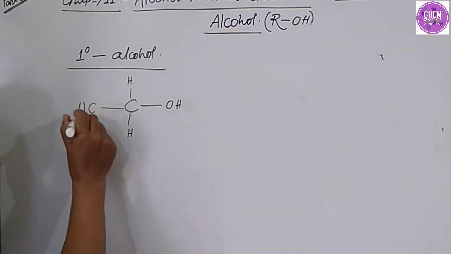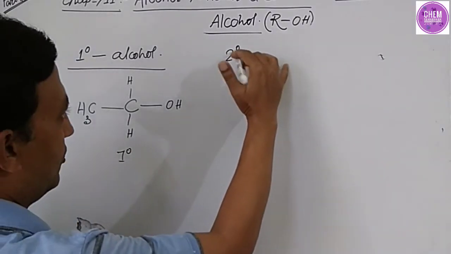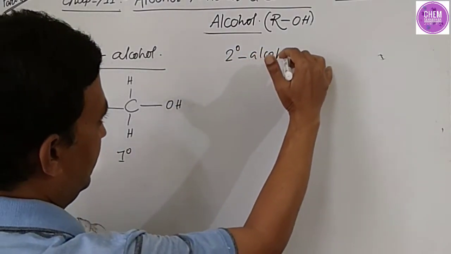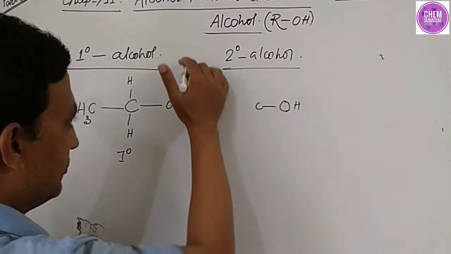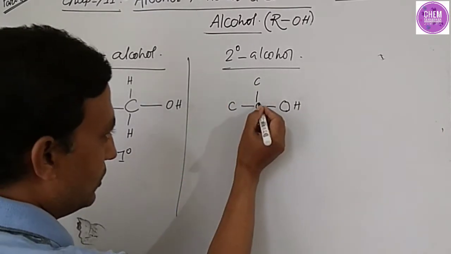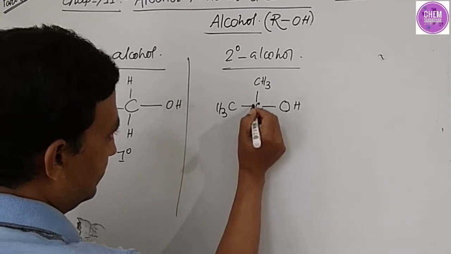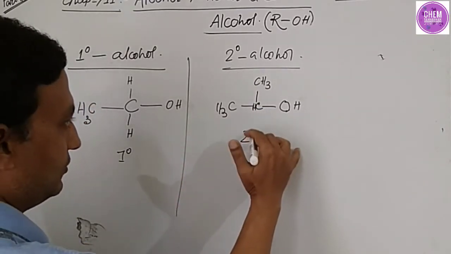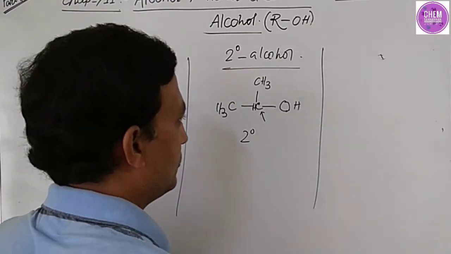So it is 1 degree alcohol. 2 degree alcohol means the OH group is attached to a carbon atom that is connected to 2 other carbon atoms, that means CH3, CH3, CH. This is 2 degree because this carbon atom is a 2 degree carbon atom.